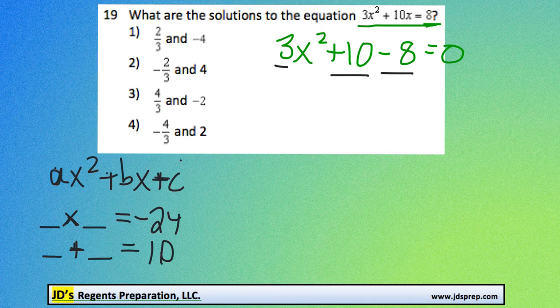So thinking of factors of 24, there's 6 times 4, and that could get us 10. There's also 12 and 2, which could get us to 10. But if we multiply the numbers, we need to get a negative number, so one of them needs to be positive and one of them needs to be negative.